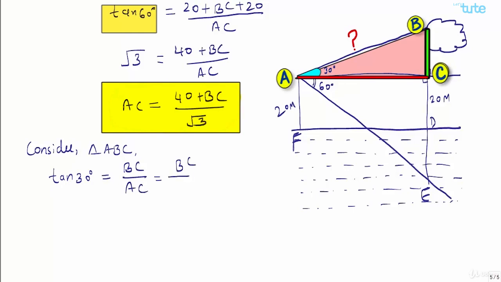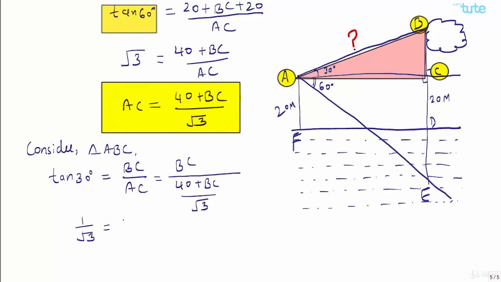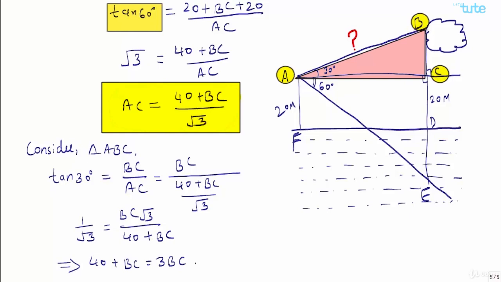Now BC will be as it is, and we have got AC as 40 plus BC upon root 3. Now we know tan 30 is 1 upon root 3, which is equal to BC root 3 upon 40 plus BC, which implies 40 plus BC is equal to 3 times BC. Now we are doing this because by this we can find the side BC, and then it will be very easy to find AB.